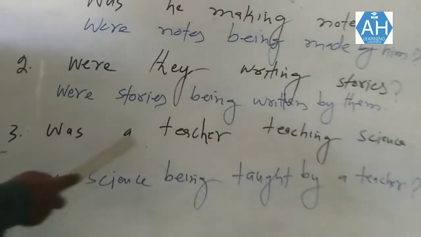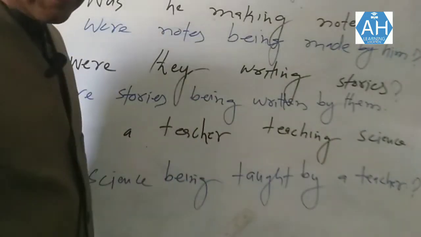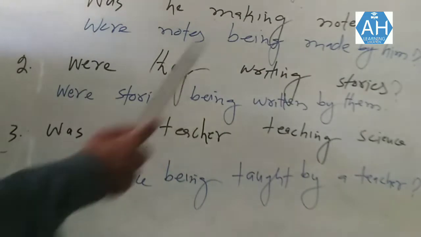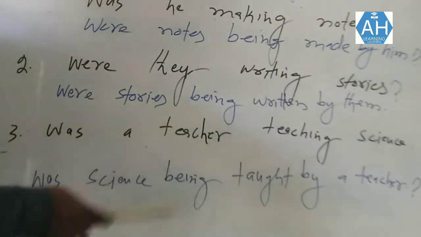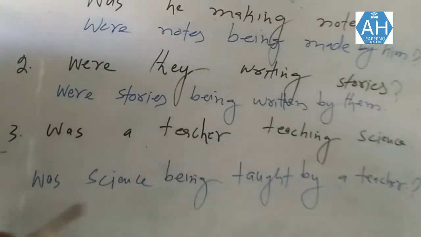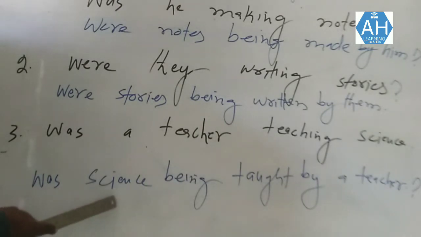Number 3, was a teacher teaching science? Now change into passive voice. Was science being taught by the teacher? Was is used here at the start because we have to make an interrogative sentence passive. Science is the object. The object always leads the sentence.